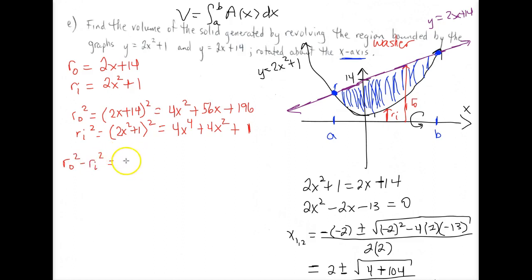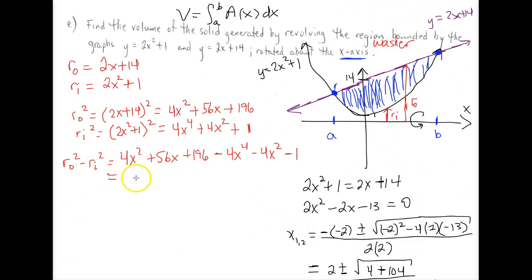And so if we did that, that would be 4x squared plus 56x plus 196 and minus, I'm going to make all these terms negative here, minus 4x to the 4th minus 4x squared minus 1.